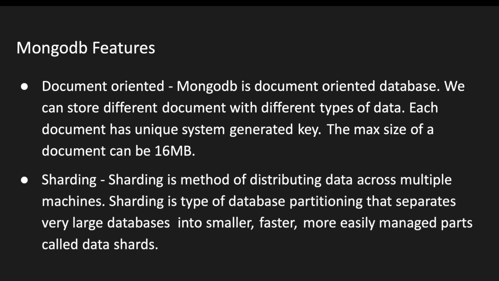Next is sharding. Sharding is a method of distributing data across multiple machines or multiple Mongo instances. Sharding is a type of database partitioning that separates very large databases into smaller, faster, and more easily managed parts called data shards.